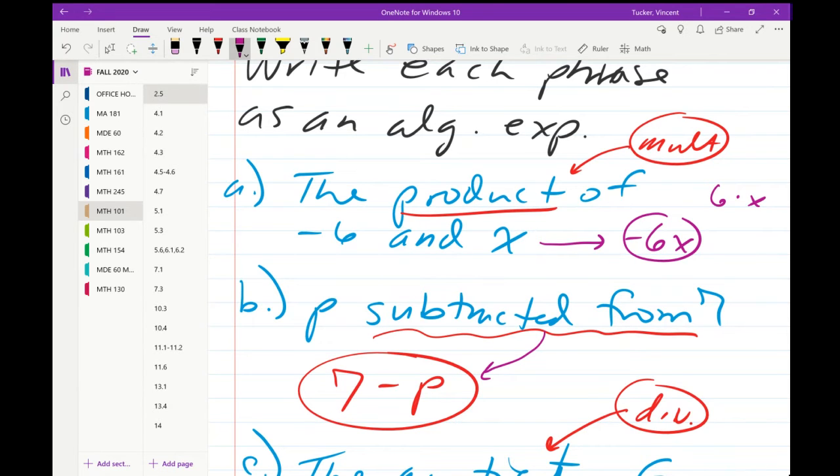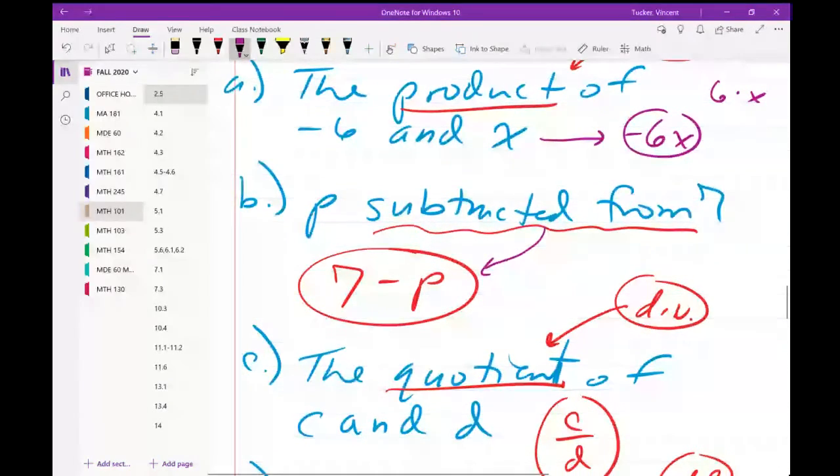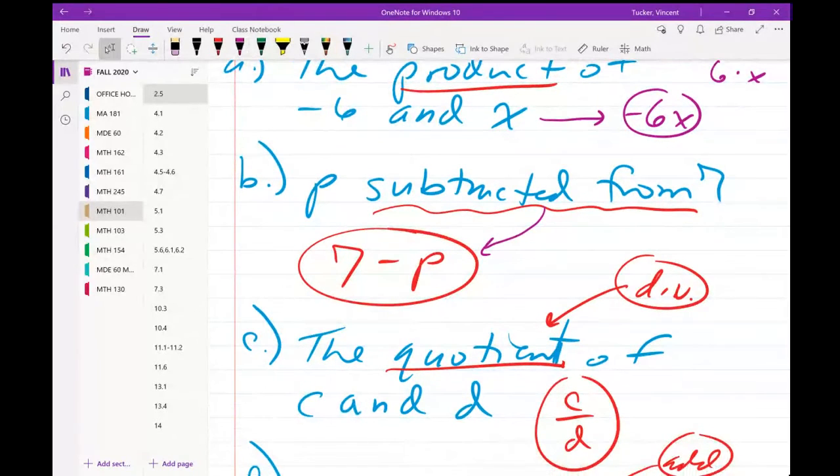All right. Next one, the quotient of C and D. In this case, the key word is quotient, which means division. And so that's just C over D, or you could do C divided by D with that division symbol.